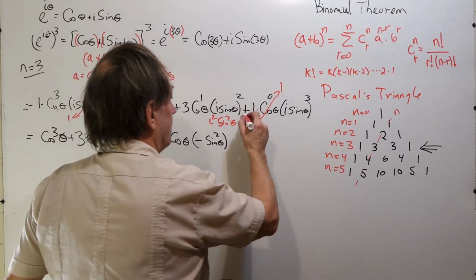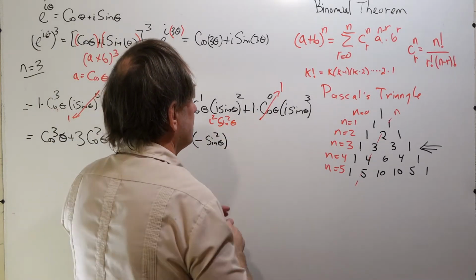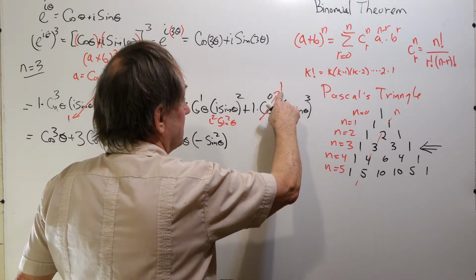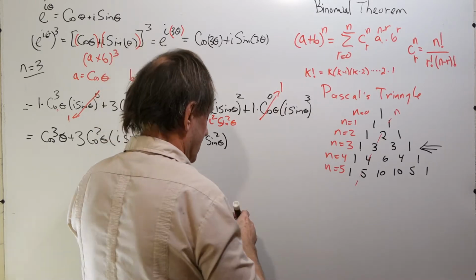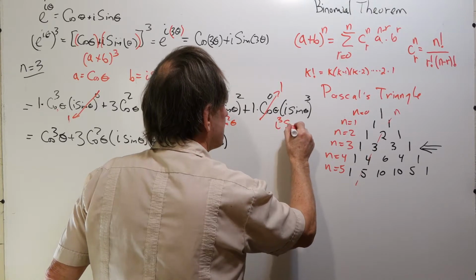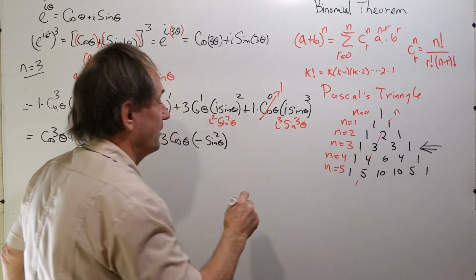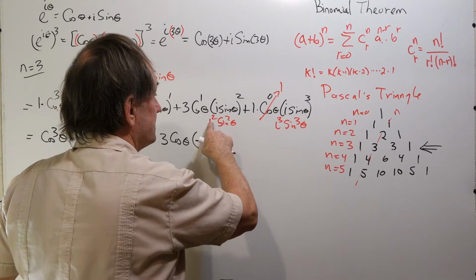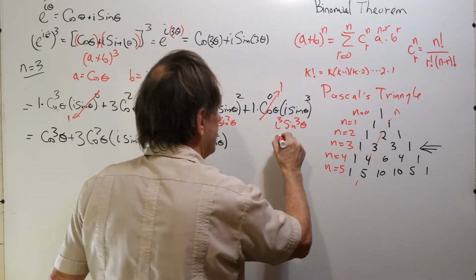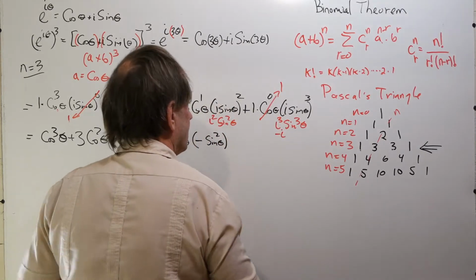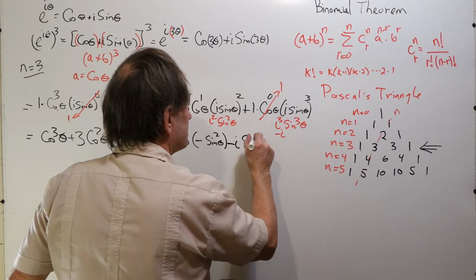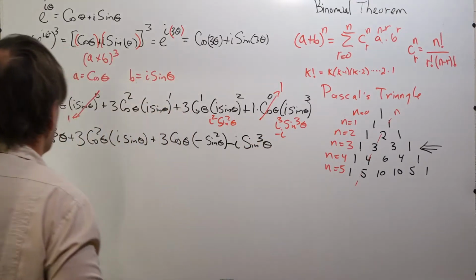And then we add to it cosine theta to the 0 power, which is 1, but here we have i cubed sine cubed theta. But remember, i cubed is i squared times i, which is minus 1 times i, so i cubed is minus i. So this becomes minus i sine cubed theta.